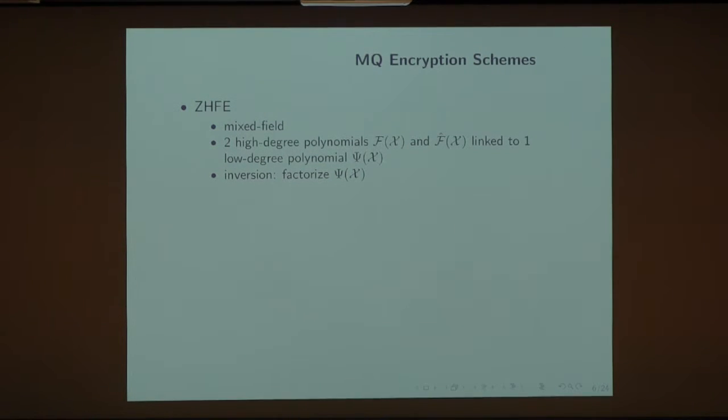So in order to invert a given image, a given ciphertext, you compute the value of psi of x from the function values of f and f hat of x, and then factorize psi of x, and then you obtain the unique plaintext. So that's one encryption trapdoor.